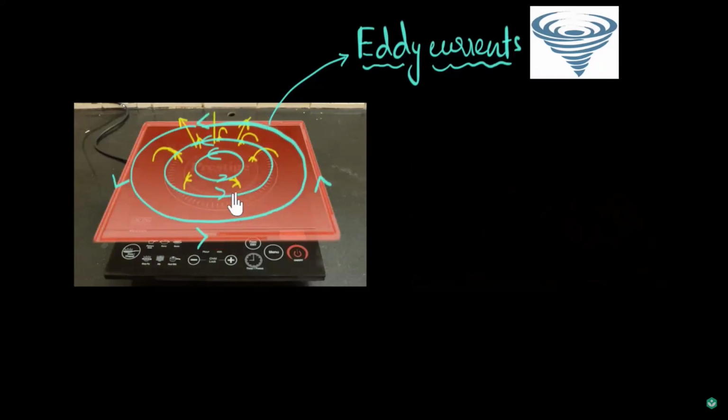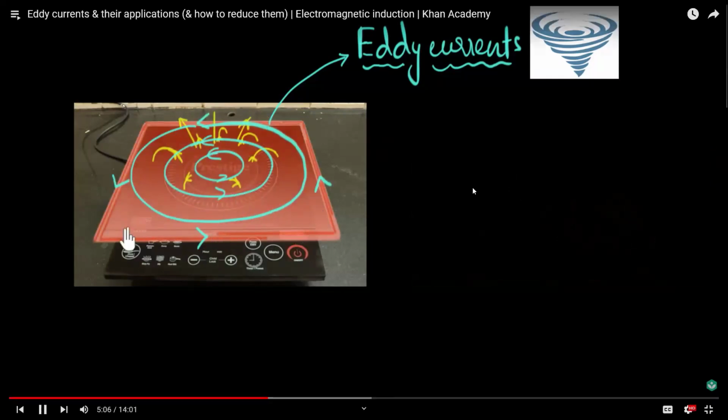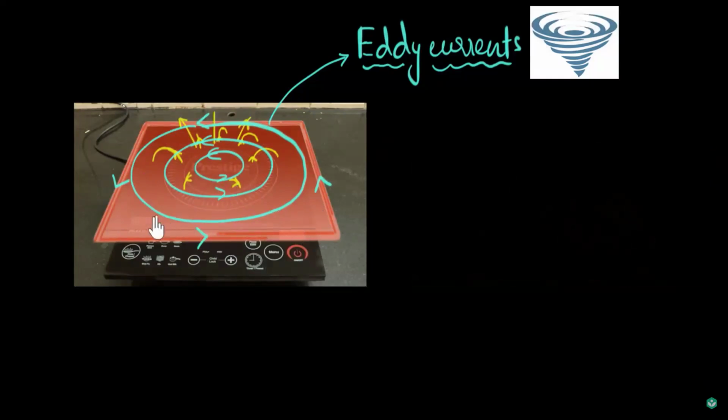Well, we can reduce current by increasing the resistance of our metallic conductor. We know more resistance means less current. How do I increase the resistance of this conductor? One of the cool ways of doing that is by introducing slots like this, so kind of making it like a comb. In doing so, think of what we are doing.